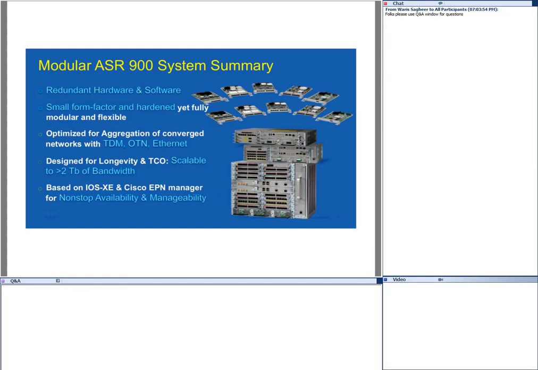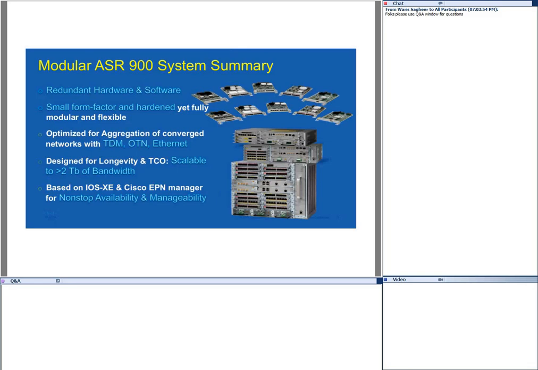Okay, so I gave a lot of points on the chassis, but some of the important highlights, some of the important points which stand out on the ASR900 system. Redundant hardware and software. So we use redundant RSPs, and then the redundant power supplies, and also the fan trays. They have redundant fans inside the fan tray.